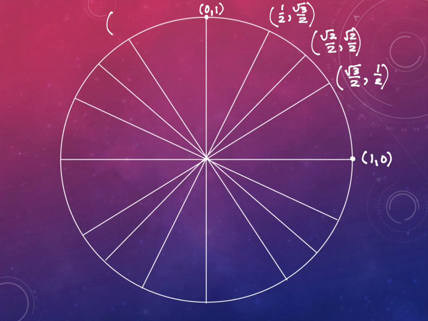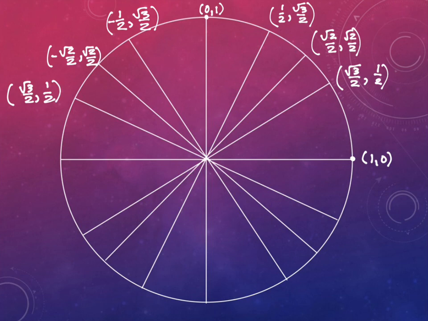So over here, I still have the 1/2 and the square root 3 over 2, but my x value is negative. And I still have square root 2 over 2 and square root 2 over 2, but my x value is negative. And I still have square root 3 over 2 and 1/2, but my x value is negative. Right?